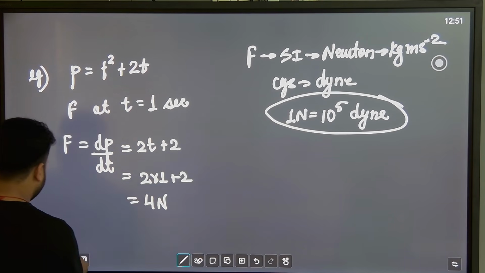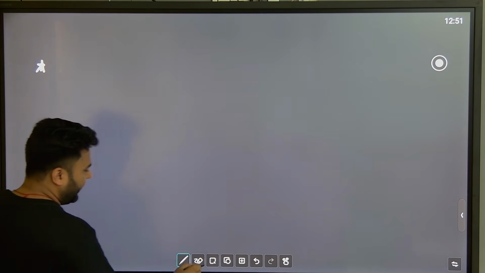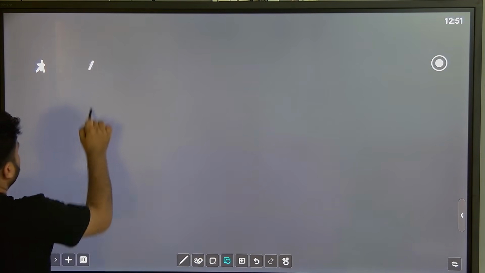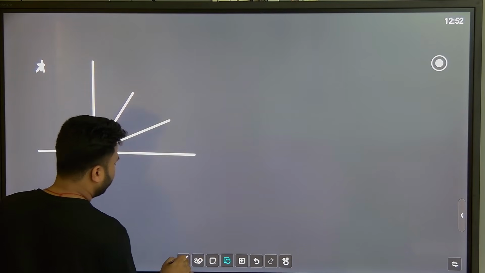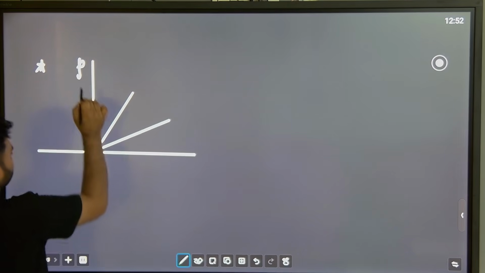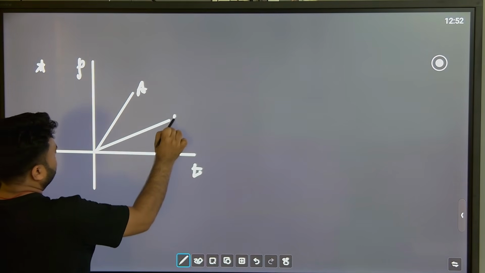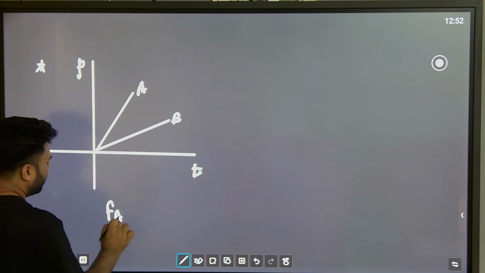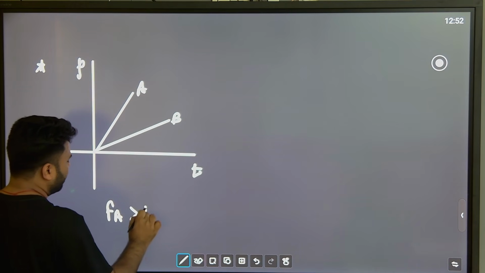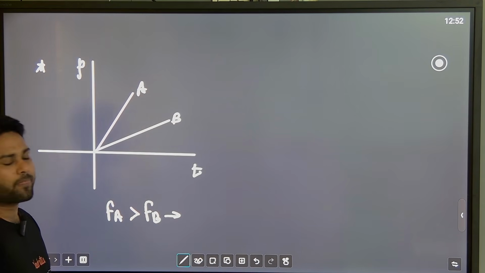Now another thing I told, like if we have a graph kind of question, this is momentum, this is time, this is A, this is B. They ask whether force acting on A is greater than force acting on B, true or false.